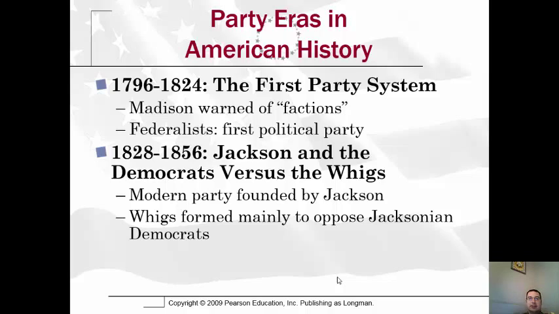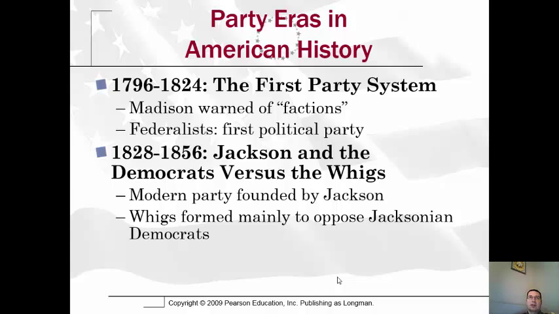So you had Jackson, who didn't like the National Bank. Jackson wanted to kill the National Bank. He didn't trust a lot of spending on projects by the government. He didn't want to see government do a bunch of canals and other support for corporations and create things that put a lot of power into things that he didn't necessarily like.